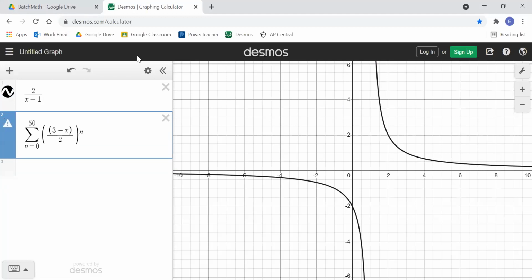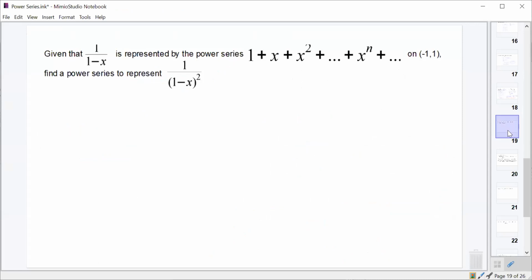And so we should see that this should converge between 1 and 5. And that's exactly what it does. Everybody see that? Everybody feel pretty good about that? All right.